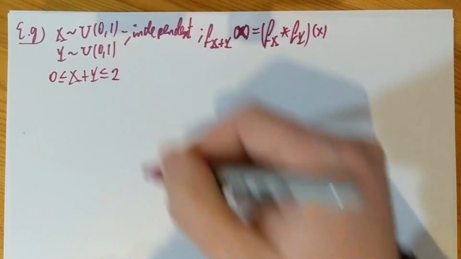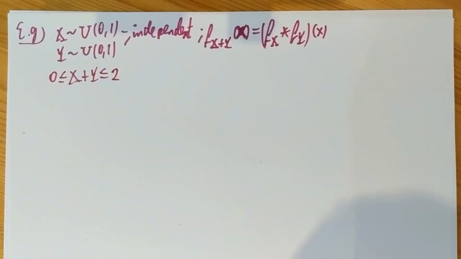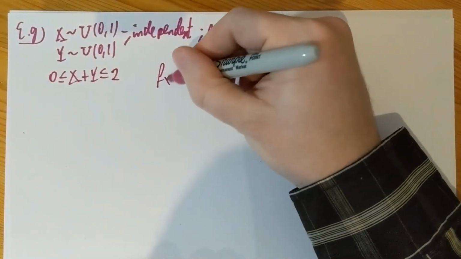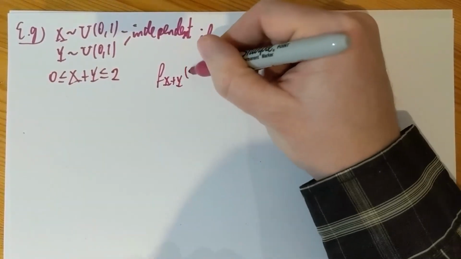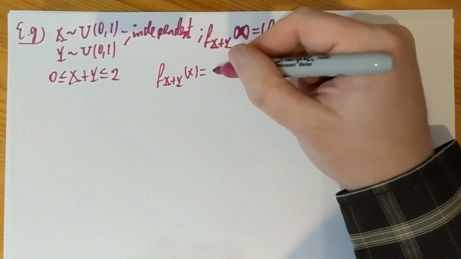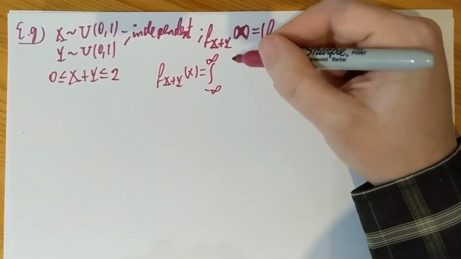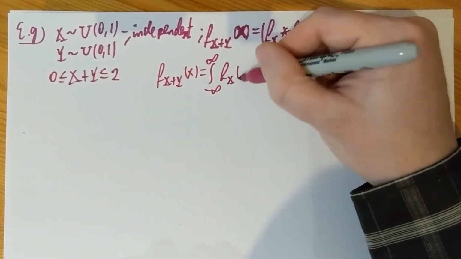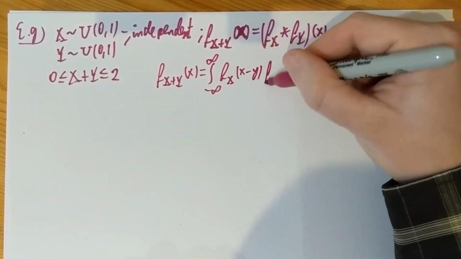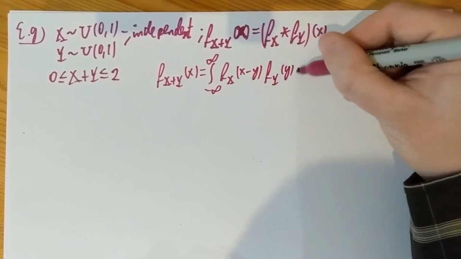So if I add them up, that's going to be between 0 and 2. And let's actually do the calculation. So f of x plus y at x, according to the formula, is the integral from minus infinity to infinity, f of x at x minus y, f of y at y dy.